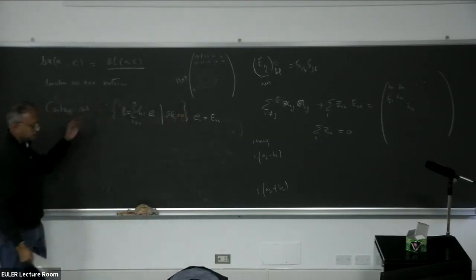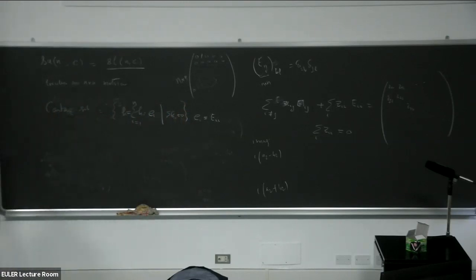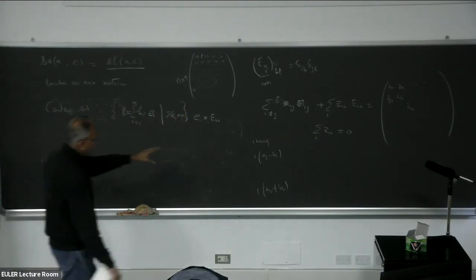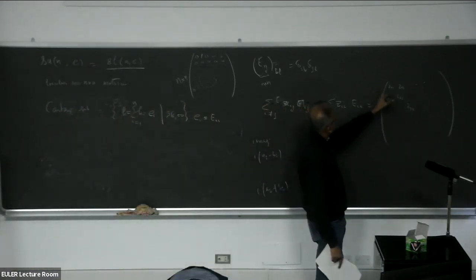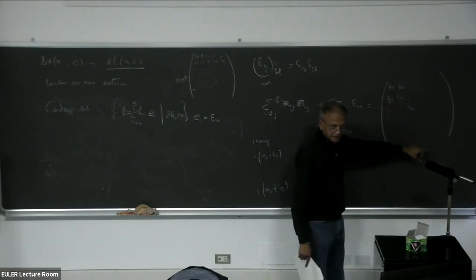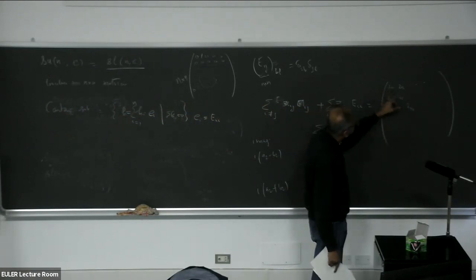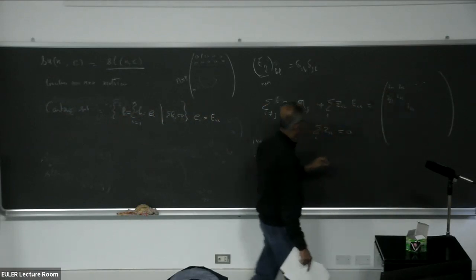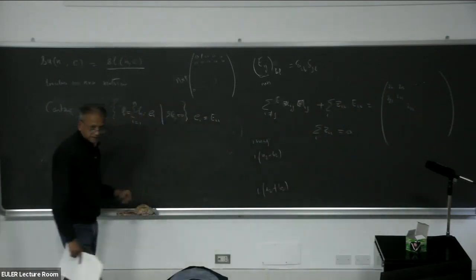So this is the set of all the Cartan. This is the subalgebra, the Cartan subalgebra. So it's just diagonal, put all the off diagonals 0, and then this is what I'm calling h1, h2, etc. And the only condition is that the sum over h_i is equal to 0.